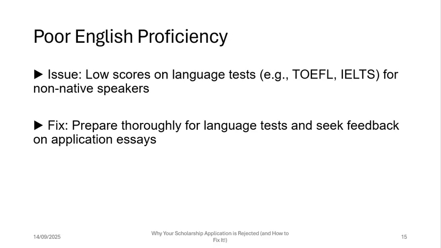There is some minimum score, usually 6.5 or 7 for IELTS, required for the application. But the problem is you are not able to secure a good score. Maybe 6.5 is required, but try to get more. So what you need to do is practice your English language skills, speaking skills, writing skills, write more essays, and keep repeating it to make sure that you improve your English proficiency.